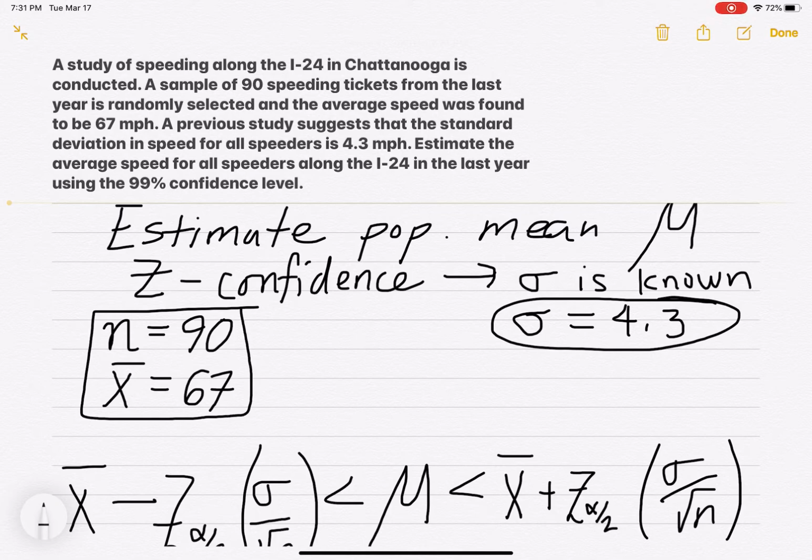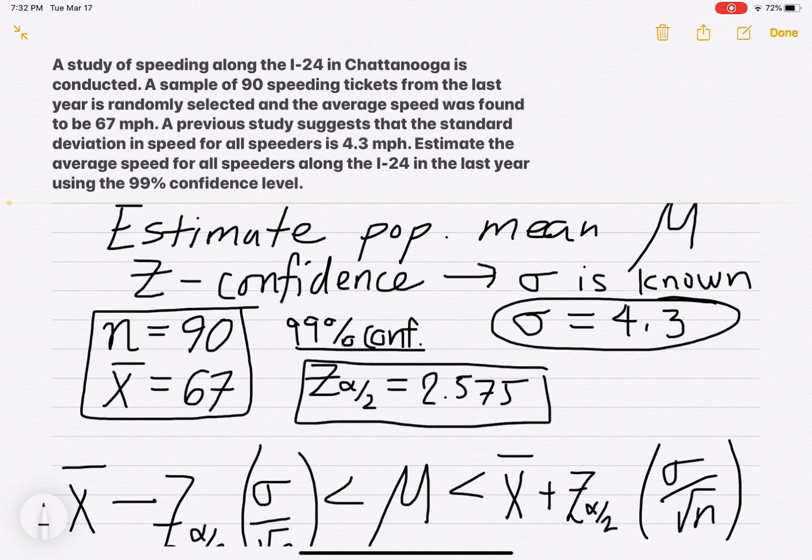So the one thing we still need, we need the Z alpha over 2. This is going to be our critical number. So since we're talking about a confidence level of 99%, a 99% confidence corresponds to a critical value, or a Z alpha over 2 of 2.575.